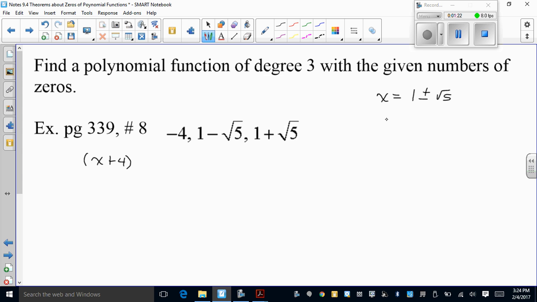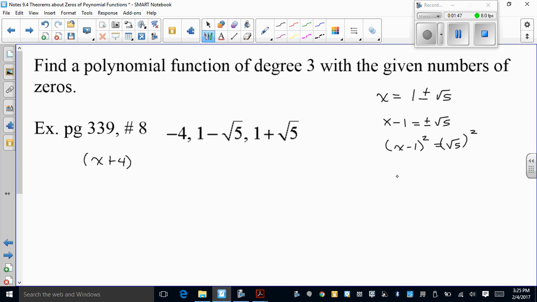Move this guy over. So you have x minus 1 equals plus or minus radical 5. And the only way to get rid of this is to square them. So x minus 1 squared equals radical 5 squared. And now we do have to expand this.